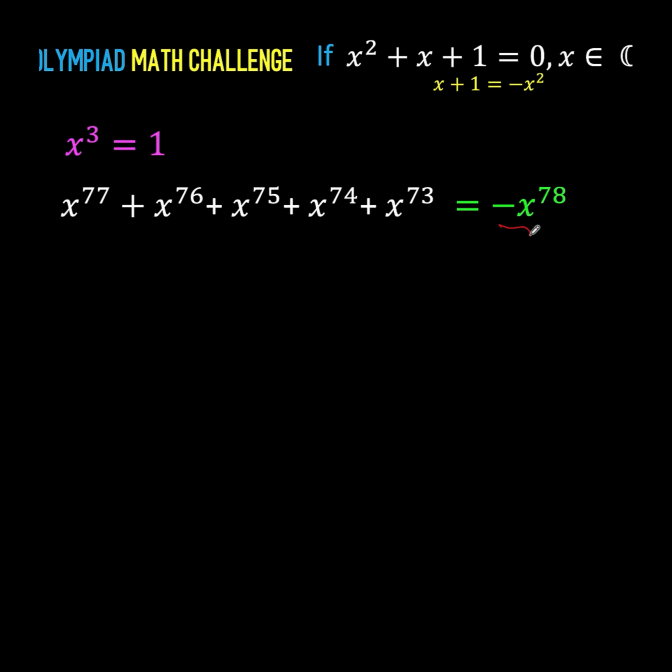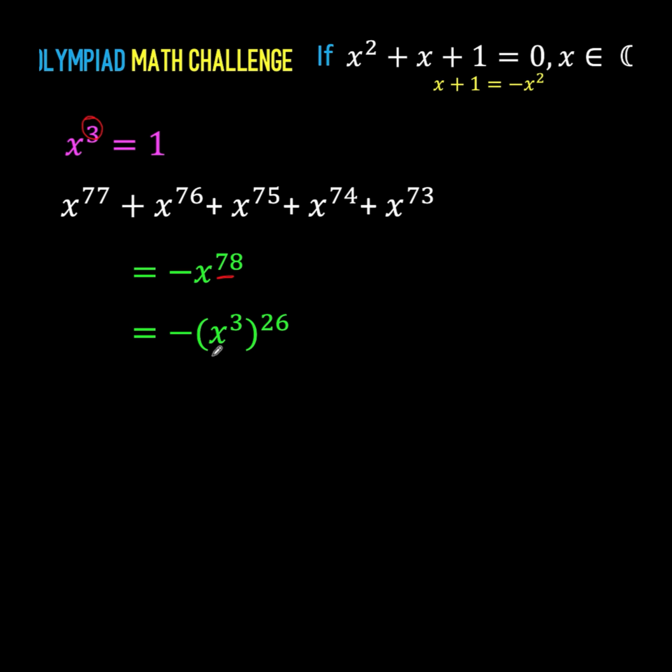Now going back to this expression, negative x raised to 78, which is the value of the expression that we would like to find. Notice that this 78 can be written as a multiple of this exponent 3. That is equal to 3 times 26. And applying the power of a power rule of exponents, we can write this negative x raised to 78 as negative of x cubed raised to 26.